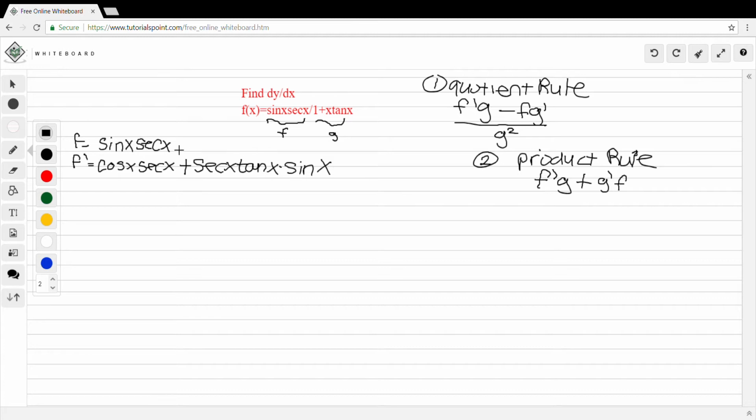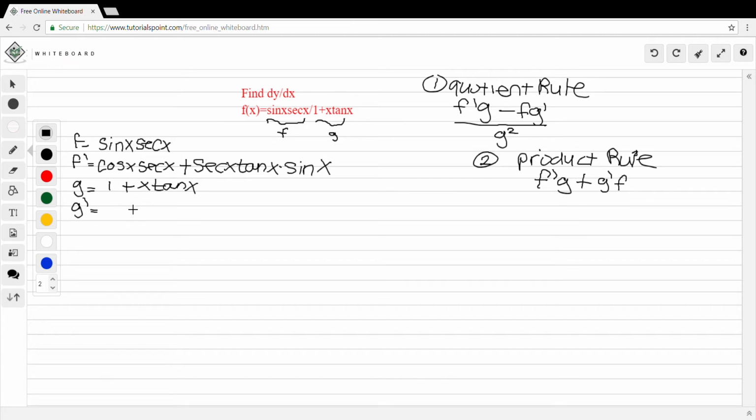Now our g is 1 plus x tangent of x, right? To take the derivative of this, g prime, we know the derivative of 1 is 0, but for the other term we have to use the product rule.